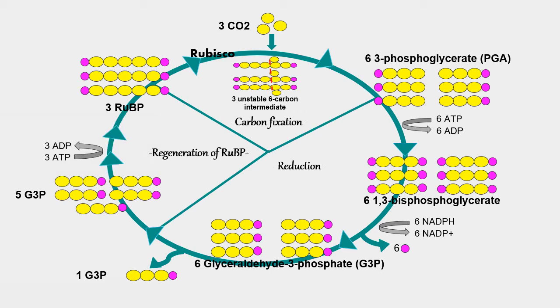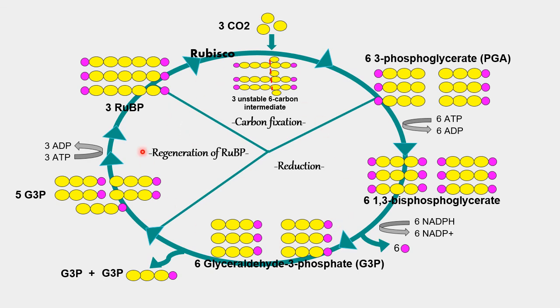The 5 molecules of G3P will undergo molecular rearrangement where they use another 3 ATP for phosphorylation to form back 3 molecules of RuBP. Then the RuBP can continue with another Calvin cycle.